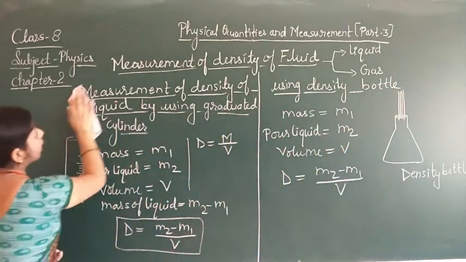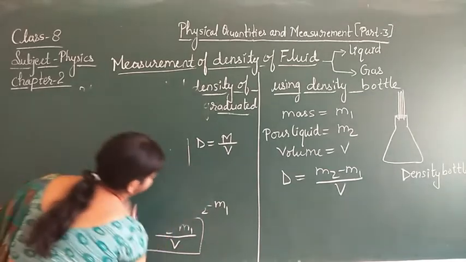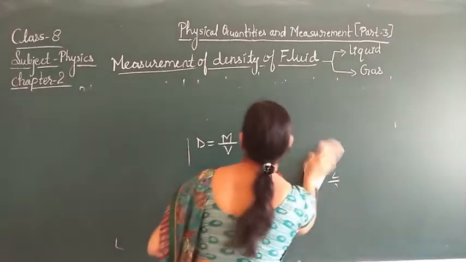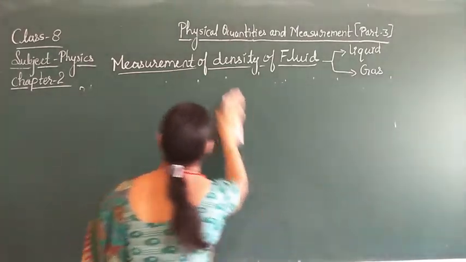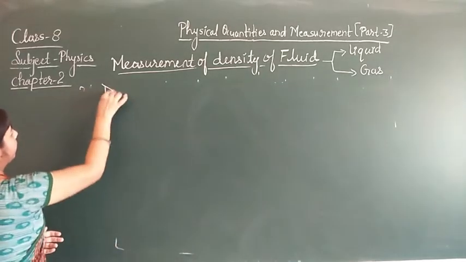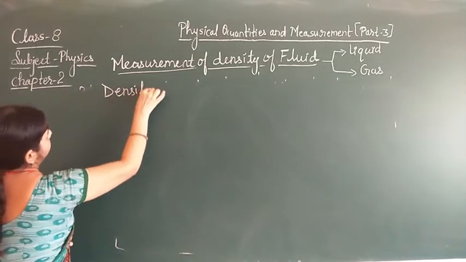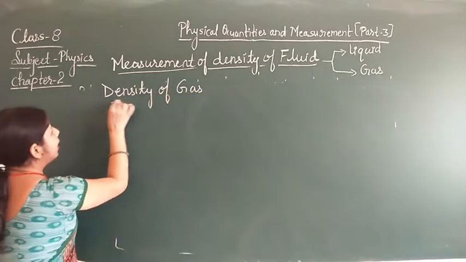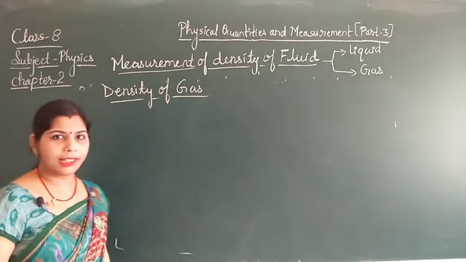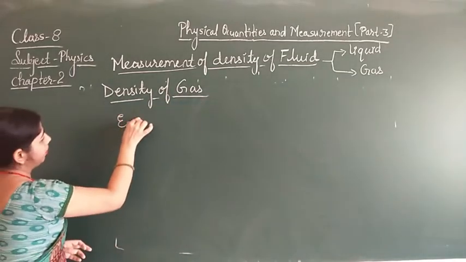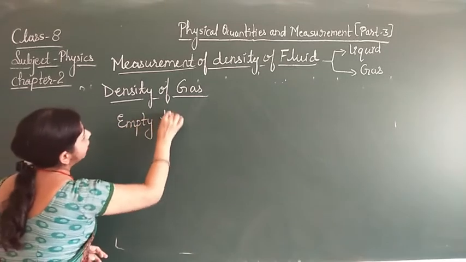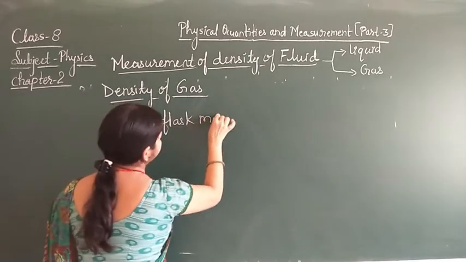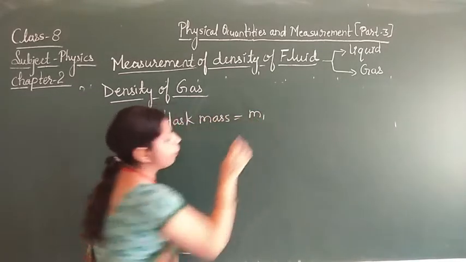Now let's measure the density of gas. So if we want to measure the density of gas, take an empty flask and measure its mass, equal to m1.